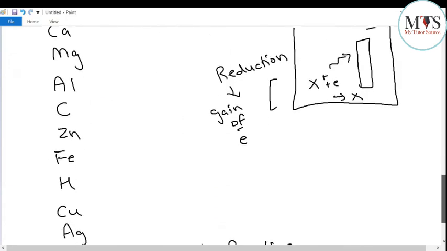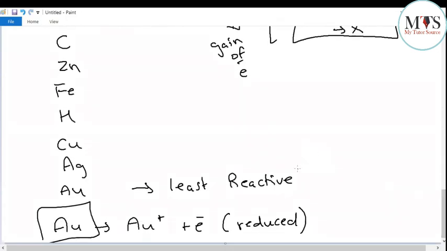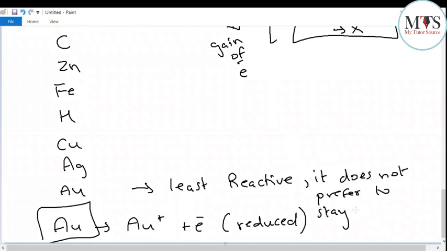And let's write then over here that if the metal is least reactive, it does not like to stay as an ion, hence it would like to get reduced. I'm writing it here, reduced.